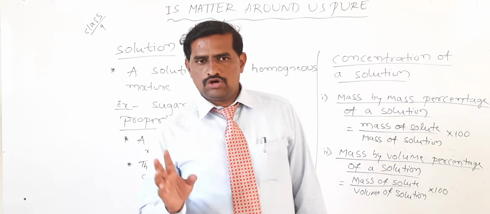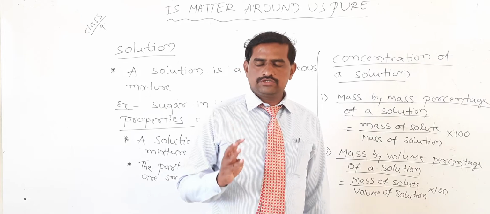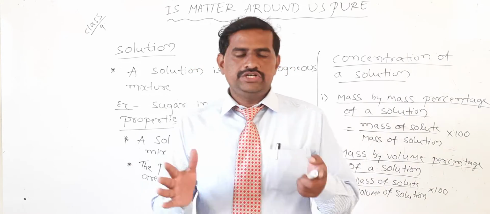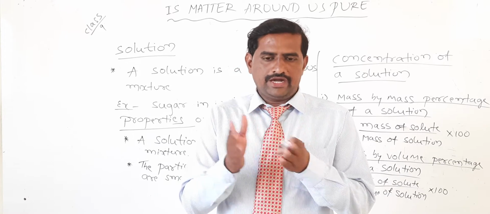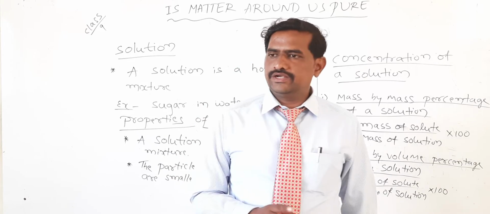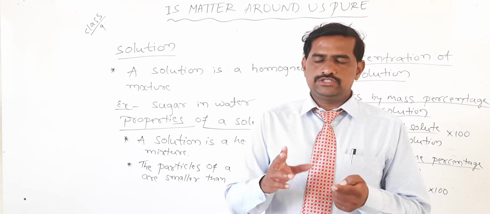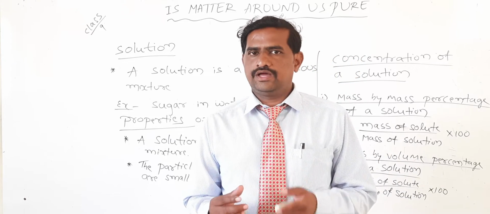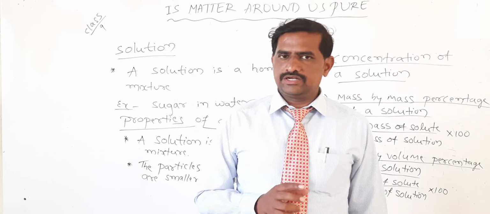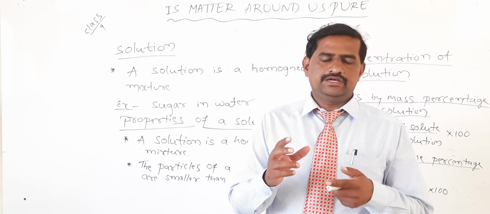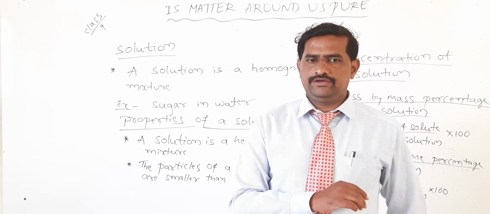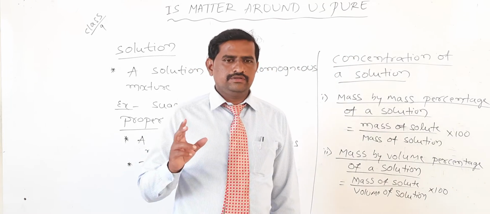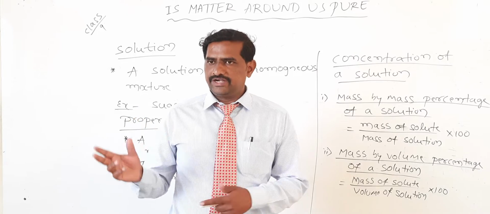Solution is nothing but a homogeneous mixture of a solute and solvent. Solvent is that which dissolves the solute, and solute is that which gets dissolved in the solvent. So there are different types of solutions.